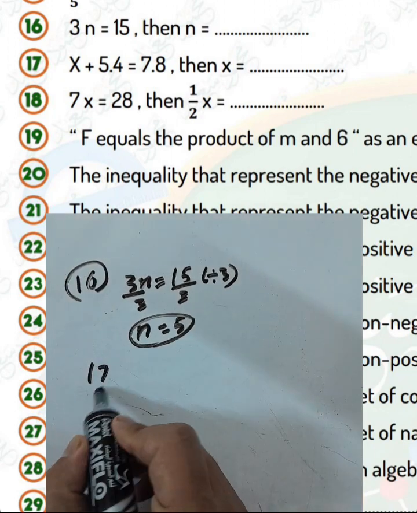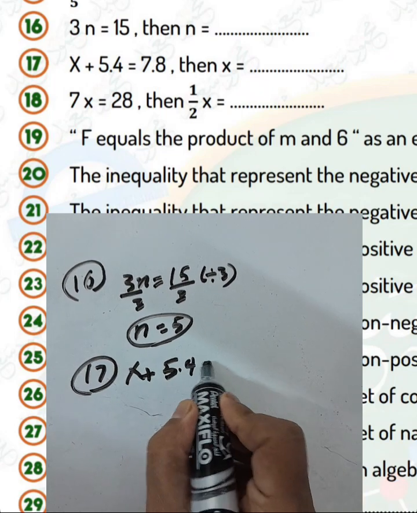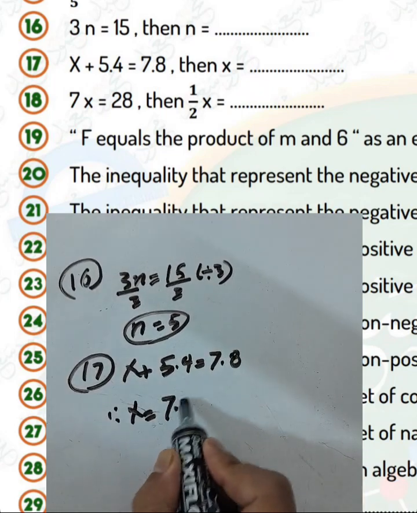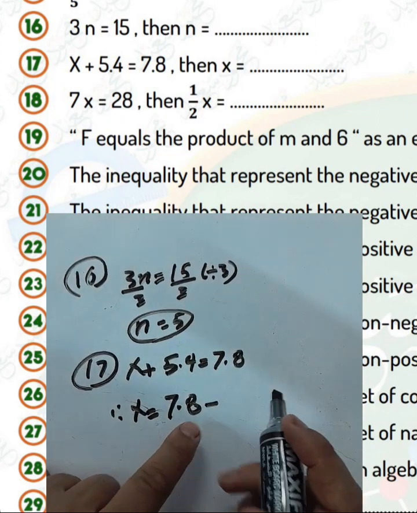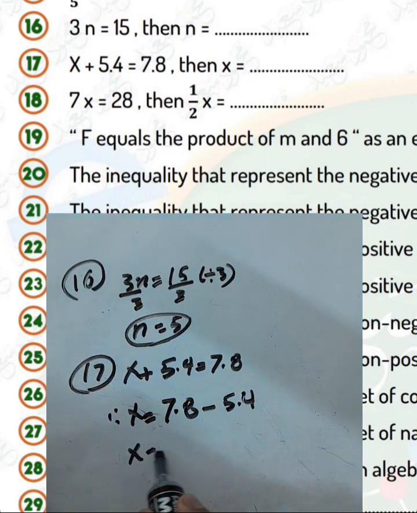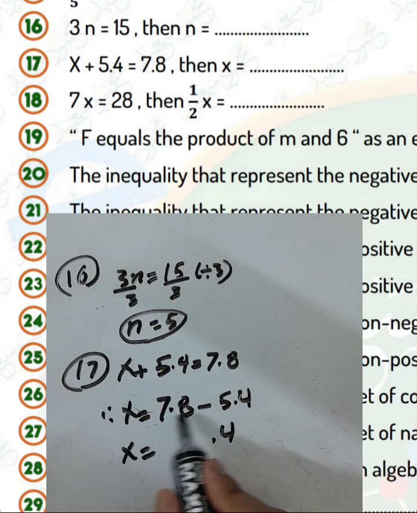Question 17. x plus 5.4 equals 7.8. Then x will be equal to the difference between 7.8, which we call the minuend here, and 5.4, the subtrahend. The difference would be what? 8 minus 4 equals 4, and 7 minus 5 equals 2.